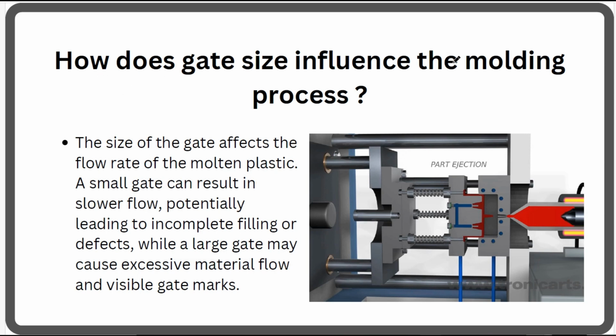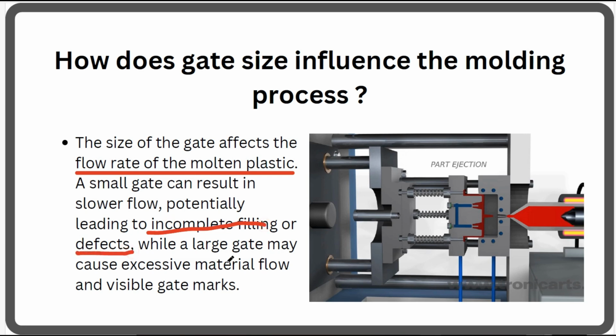How does the gate size influence the molding process? The size of the gate affects the flow rate of the molten plastic. If you consider a small gate size, there will be very slow flow of the molten plastic, and it will result in incomplete filling and defects.